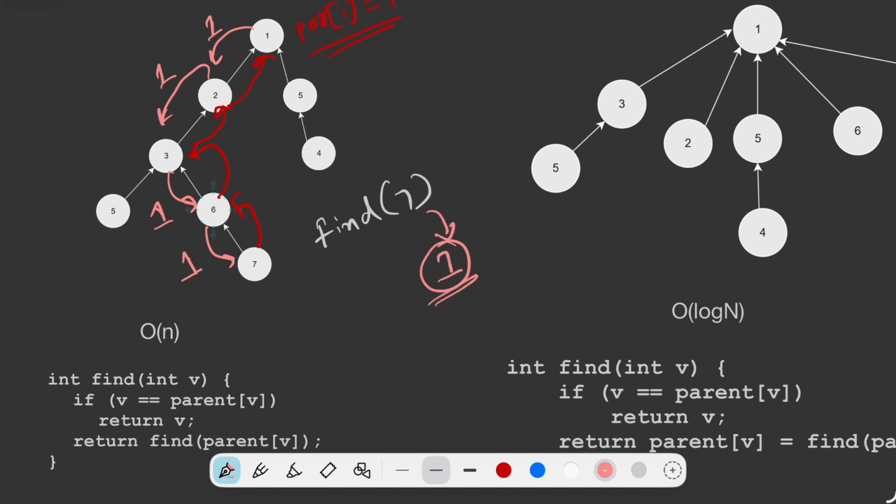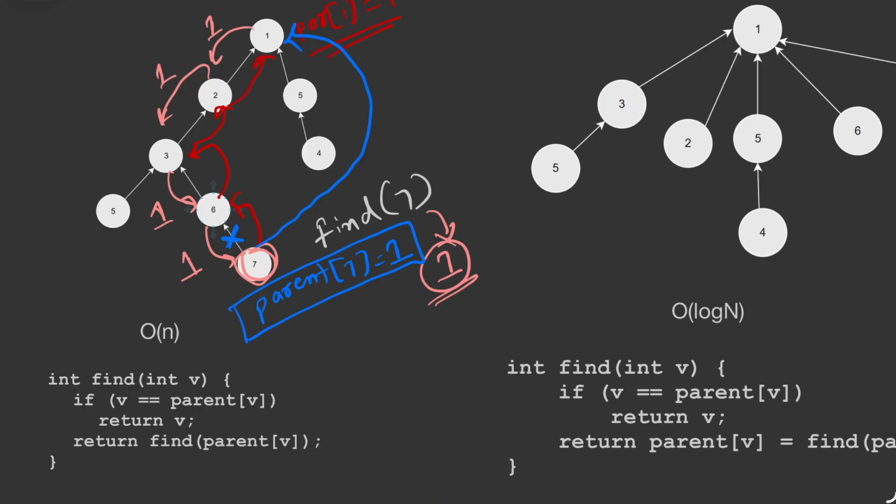But if you look at this carefully, once this node 7 knows that the root is 1, what will it do? It will actually cancel out this particular link and it can create a direct link to root 1. That means parent of 7 will become 1 now, because we only care about who is the root. We don't actually care about this entire ancestor chain. We only care about the root of the tree, right?